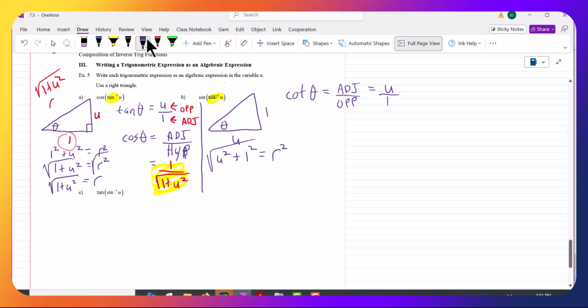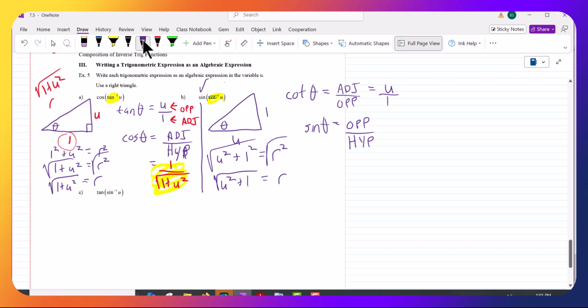Take the square root of both sides, you're going to get the same thing. The square root of u squared plus 1 is equal to r. And this is an acute angle, so we're going to use a positive value. The hypotenuse is going to be positive. So ultimately in this problem, the sine of theta is what we're trying to find. And the definition of a sine is the side opposite over the hypotenuse.